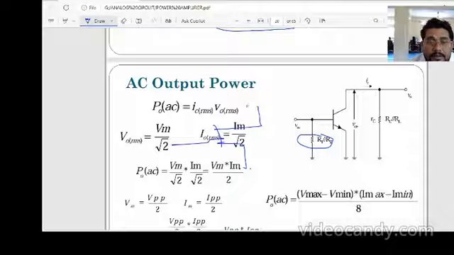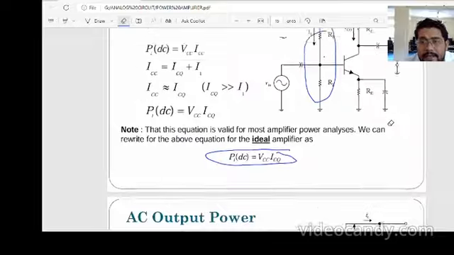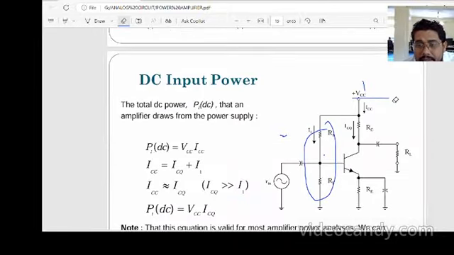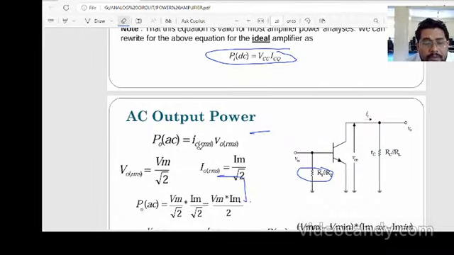When we ground the DC sources, RC and RL look like a parallel connection. So we need the AC output RMS value and the RMS value of the IC current.